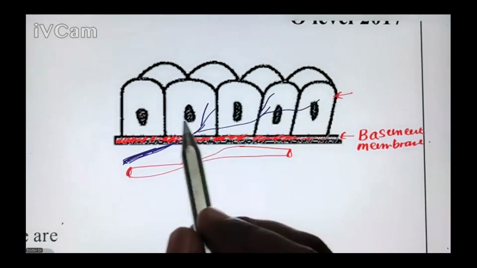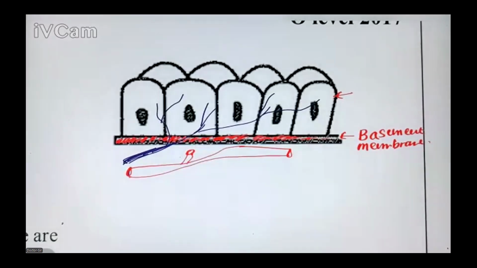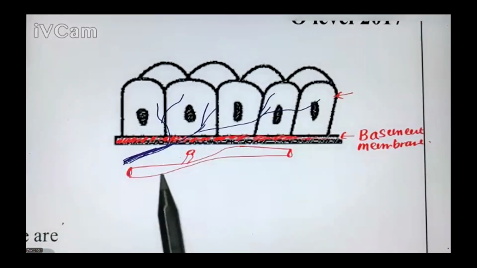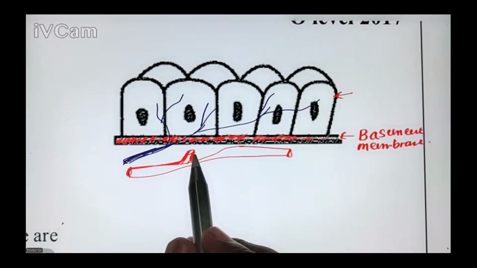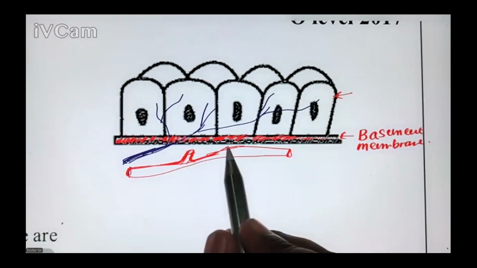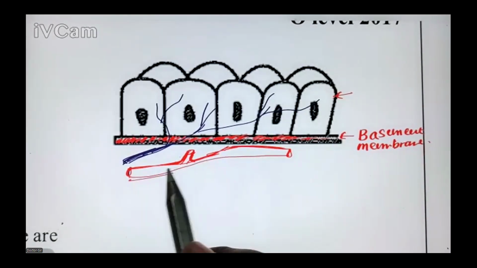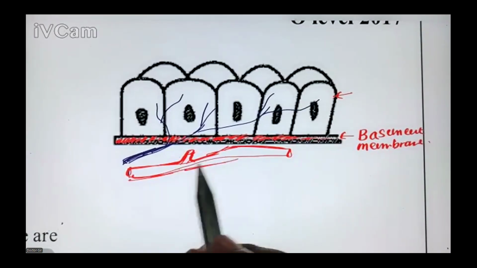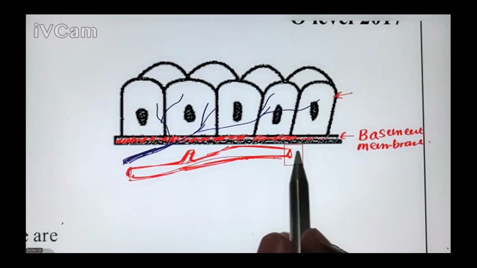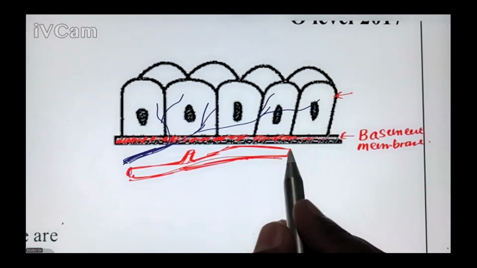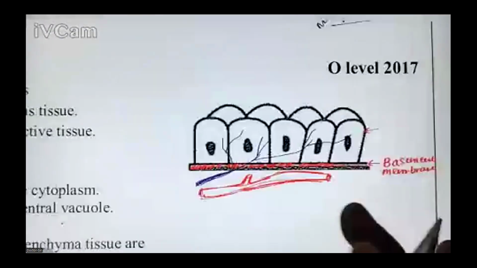It can enter the cellular area. So two features are there. One is blood vessels will come around the basement membrane, but cannot enter into the cells. So the cells will get the nutrition by simple diffusion, right?